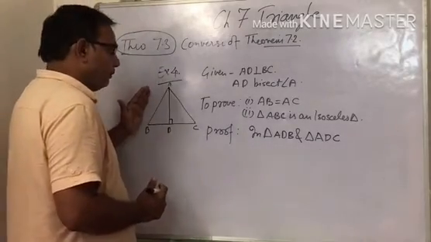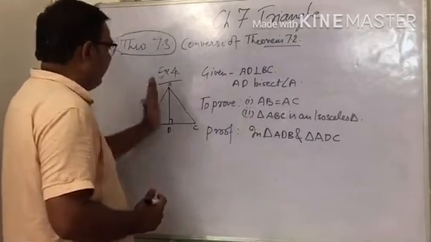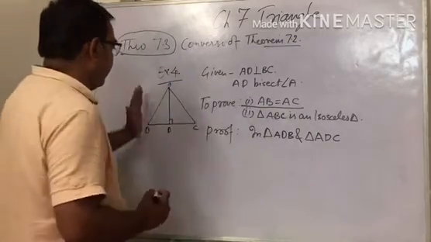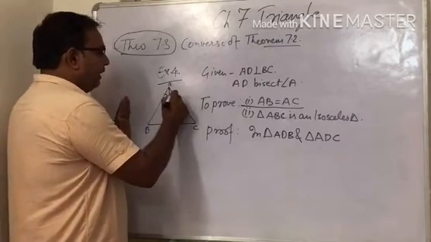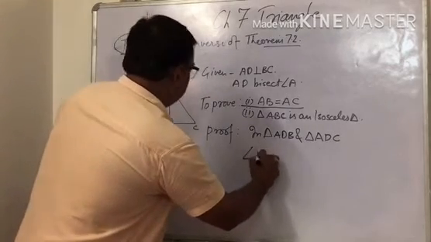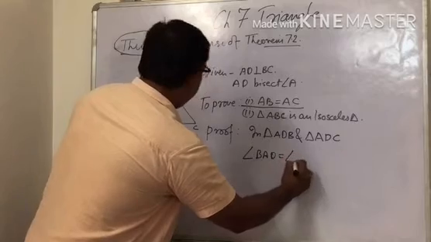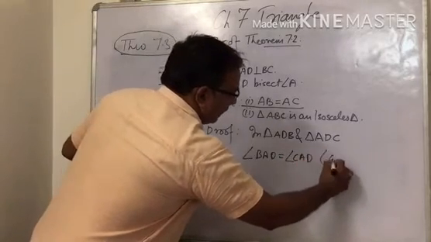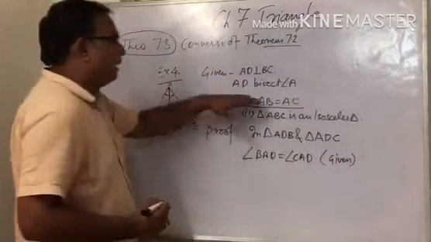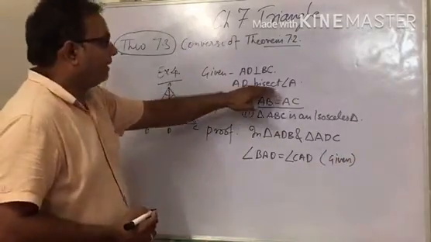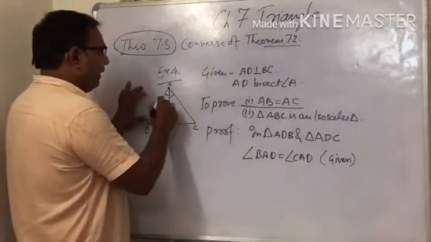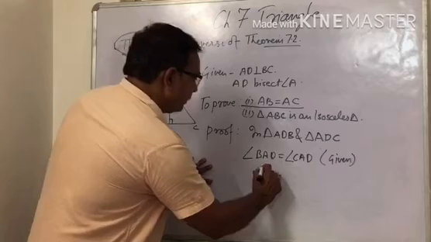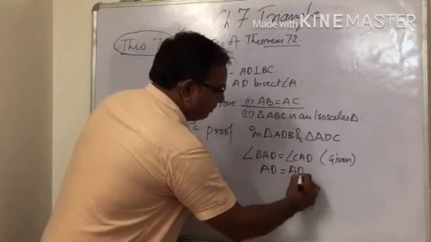Now we start the proof. So in this we have given angle BAD is equal to angle CAD. This is given, as I have written here, AD bisects angle A, meaning AD divides this angle into two equal parts. Then AD is equal to AD. It's common.